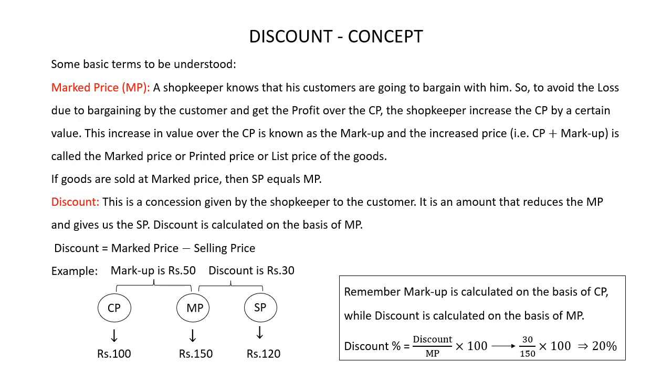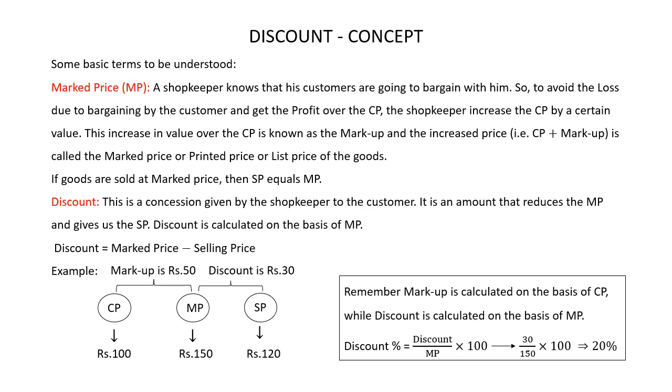Then definitely he'll be making a profit of 20 rupees. But he knows that the customer will not be satisfied buying at rupees 120. They'll either bargain or will not buy the article from the shopkeeper.